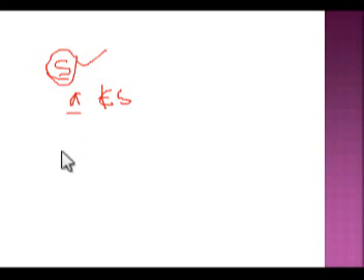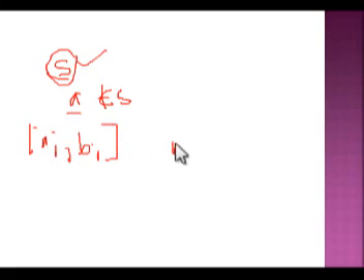Now, how can we prove that? S is compact, so it must have a finite subcover. We take a finite subcover Ai, Bi of the open cover, where i is 1 to a finite number.